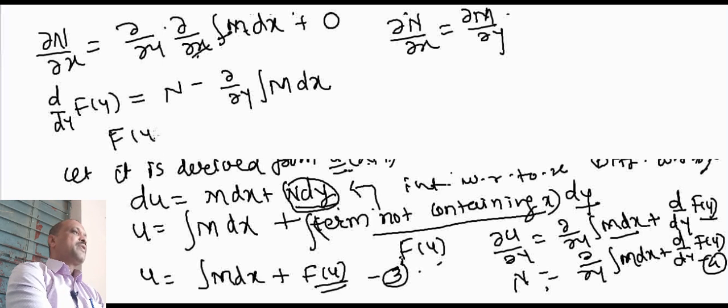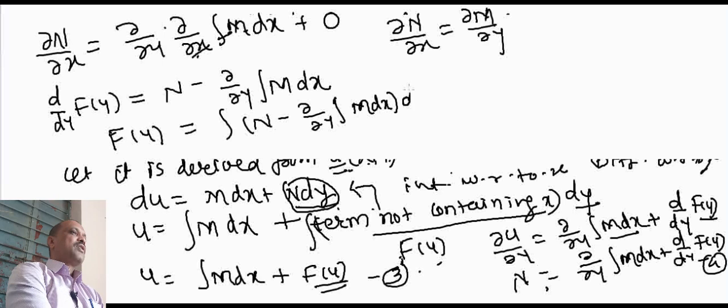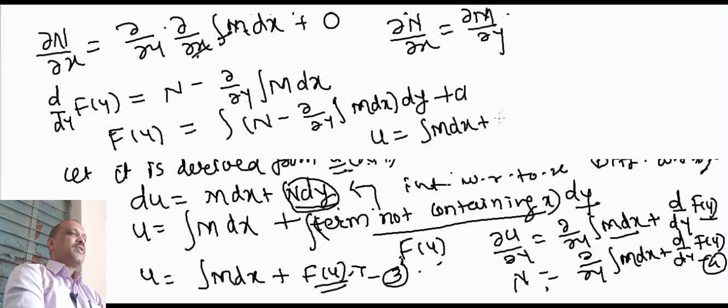Integrating with respect to y, derivative and integration get cancelled and we get F of y equal to the integration of n minus del by del y of the integration of m dx, with respect to y, that is, into dy, plus an integrating constant A. So from this we can write u equal to the integration of m dx plus F of y in equation number 3.